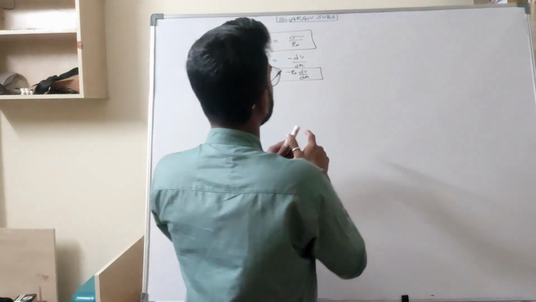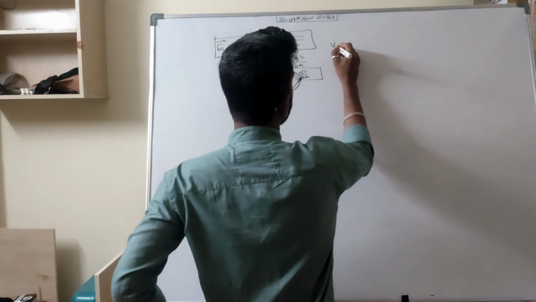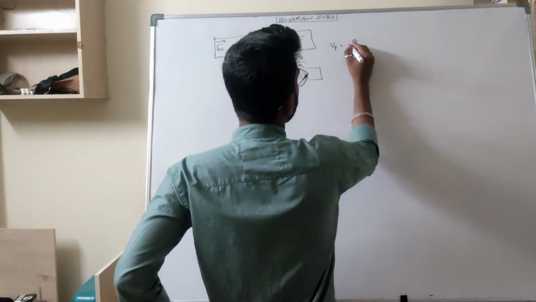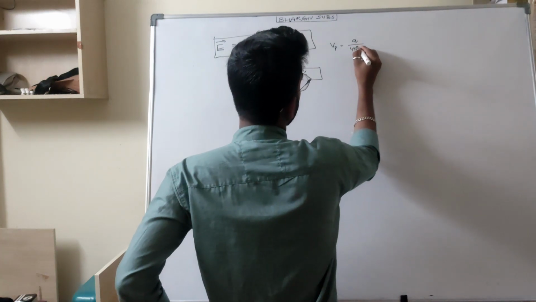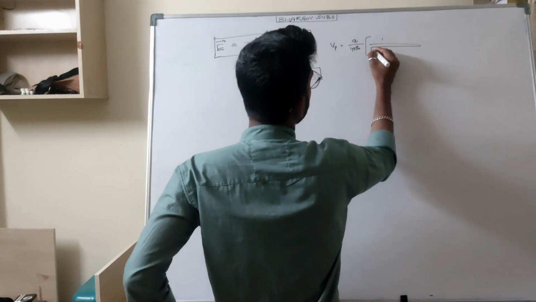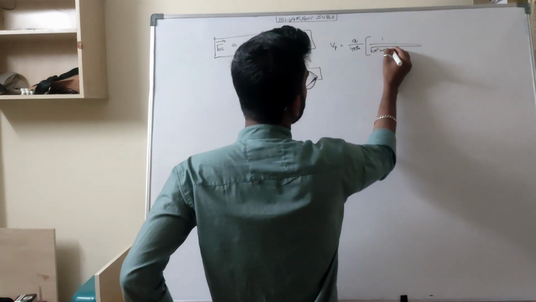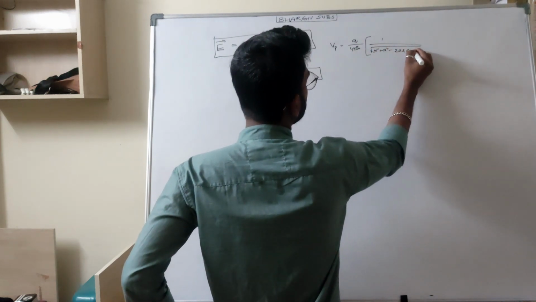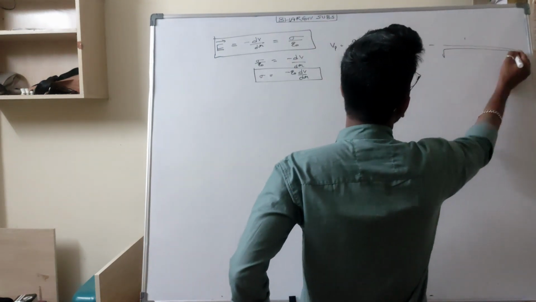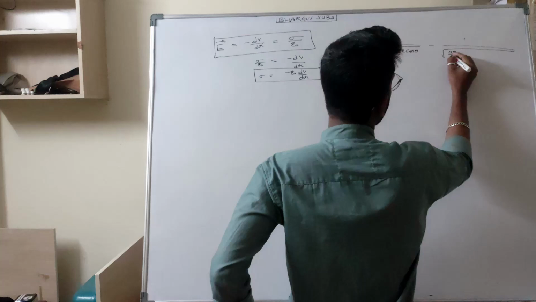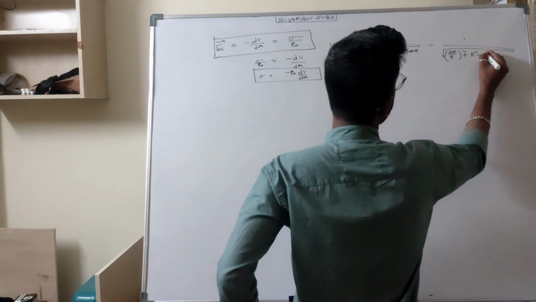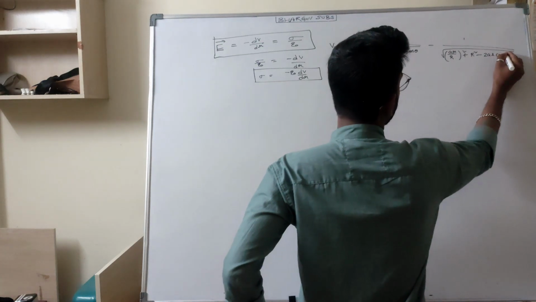You know the potential at point P, Vp, we already found that. The formula is Q by 4 pi epsilon naught into 1 by root over r square plus a square minus 2ar cos theta, minus 1 by root over (a r by capital R) whole square plus r square minus 2ar cos theta.